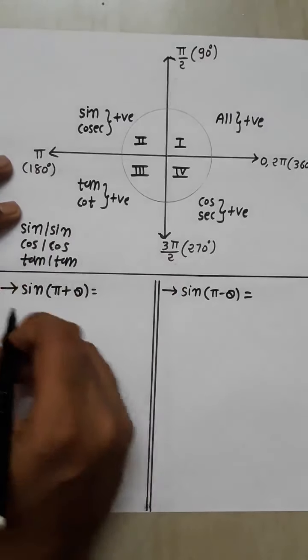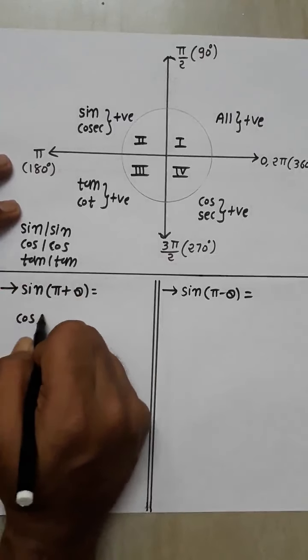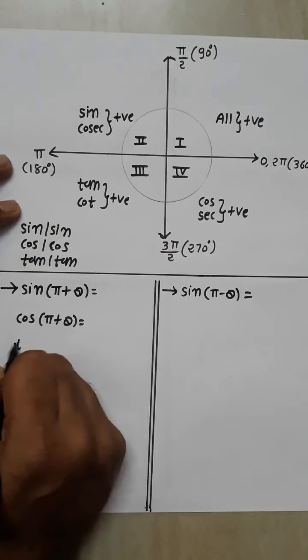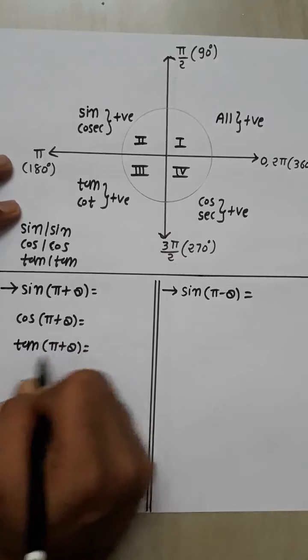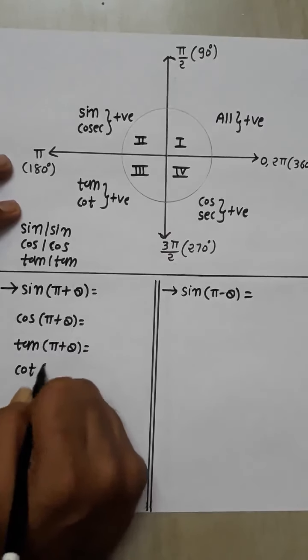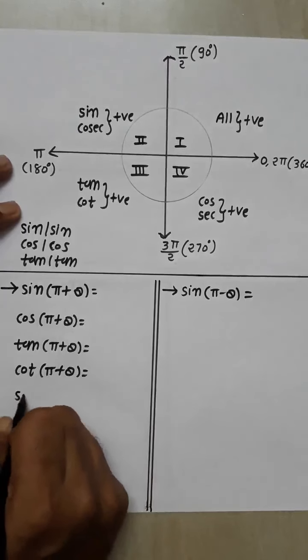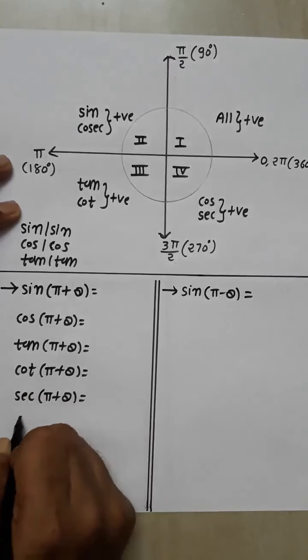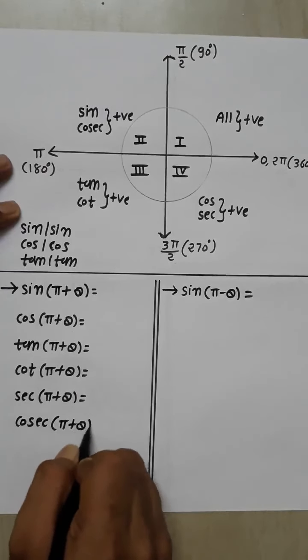So sin(π + θ), cos into bracket π plus θ, tan into bracket π plus θ, cot into bracket π plus θ, sec into bracket π plus θ, and cosec into bracket π plus θ.